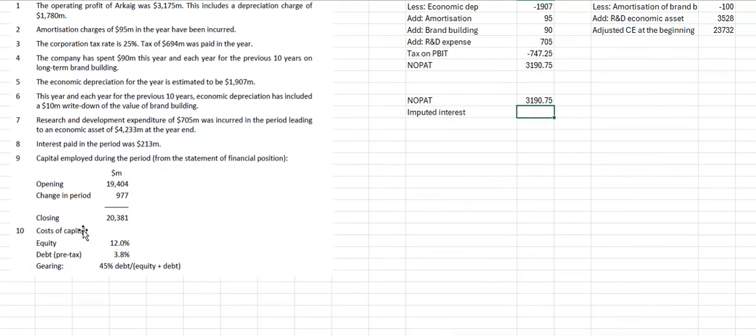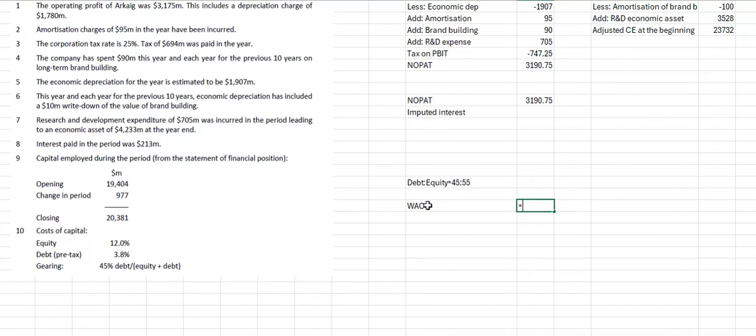Let's do the WACC. See, they have given cost of equity 12%, cost of debt before tax 3.8%, gearing is 45, debt over debt plus equity. That means debt to equity must be 45-55, correct? Then only you can say 45% is debt. So let me do the WACC calculation.